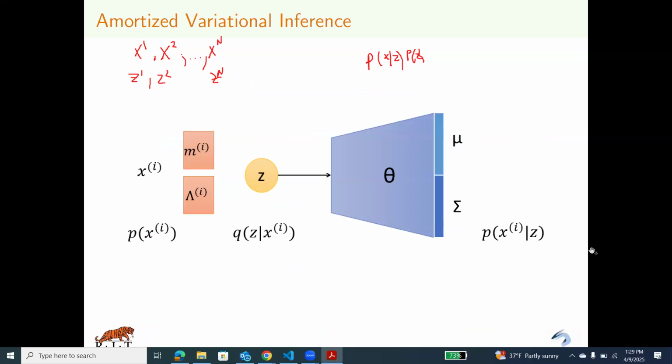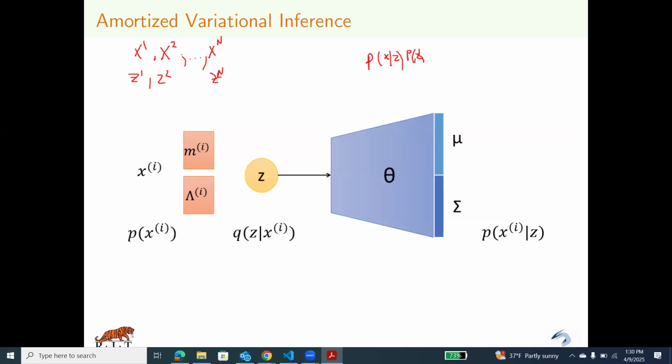Okay, so for now, our model looks as follows. We have input image X. We somehow introduce this distribution Q that is normal, and it has parameters mean and covariance matrix.